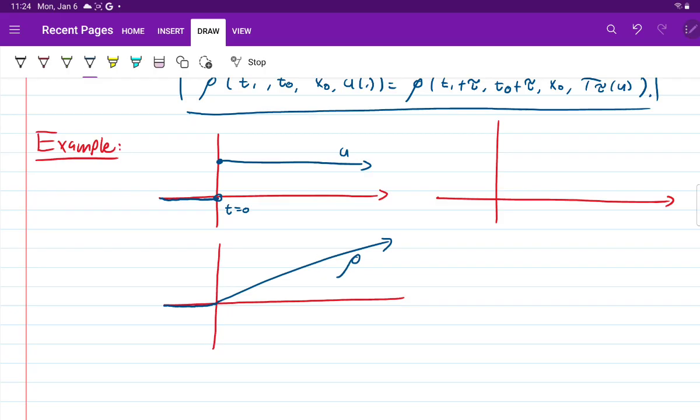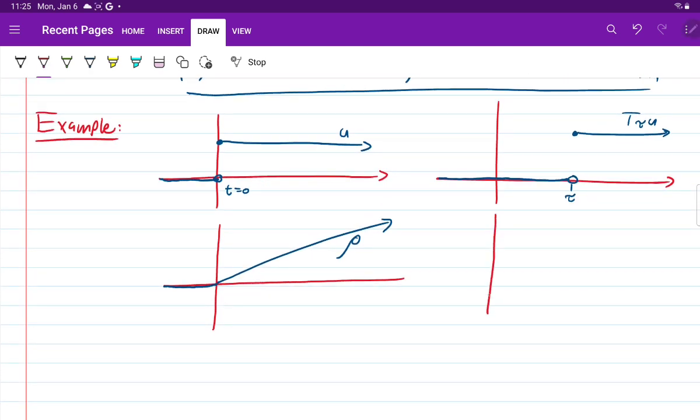Now, if this system is time invariant, what will happen if I take my input signal and just shift it over by a fixed time tau? So this is T sub tau u. This is time tau. All we've done is delay the appearance of our input signal u, shifted it over by a time tau.